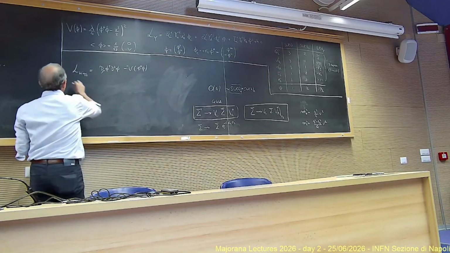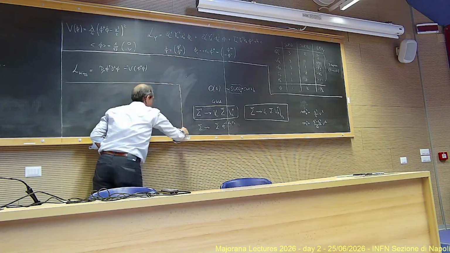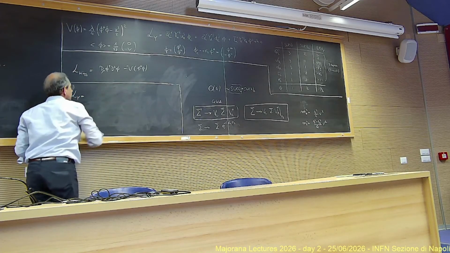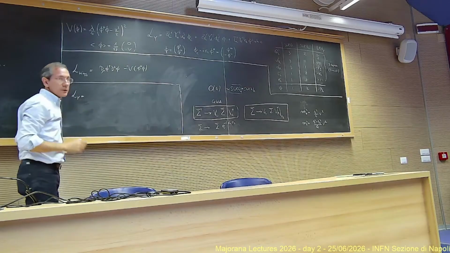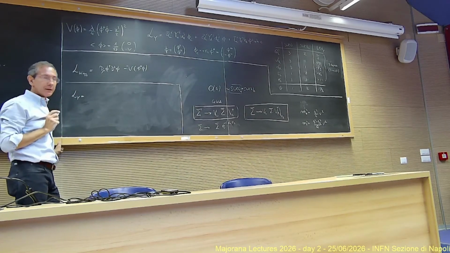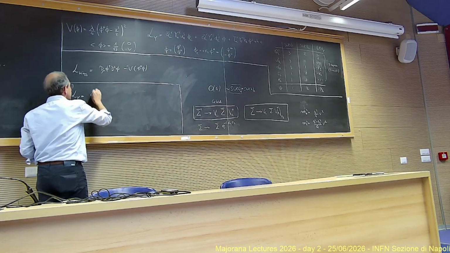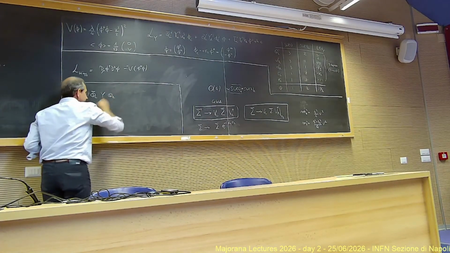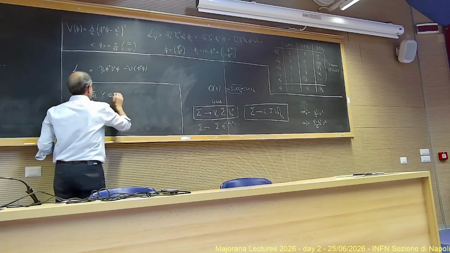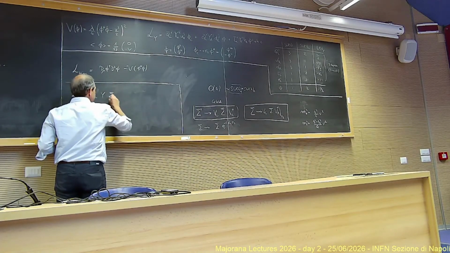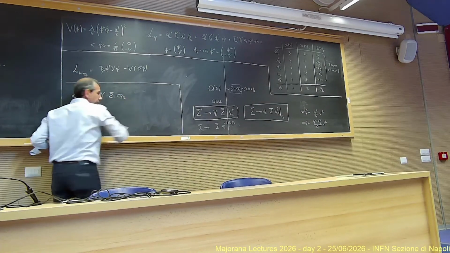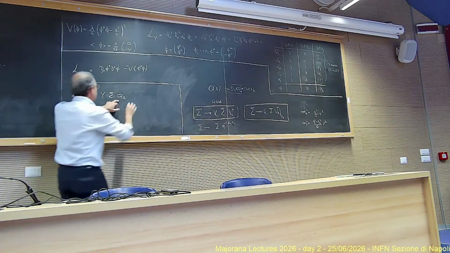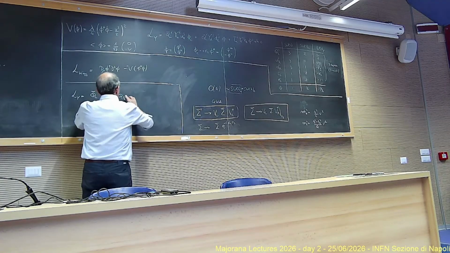If I look at the Yukawa interaction, the Yukawa interaction that would preserve this global symmetry would have been of this form, right? Q bar left, Q right. Sorry, here you should put the matrix X. So what is Q right?